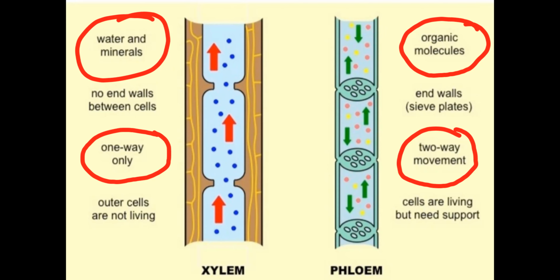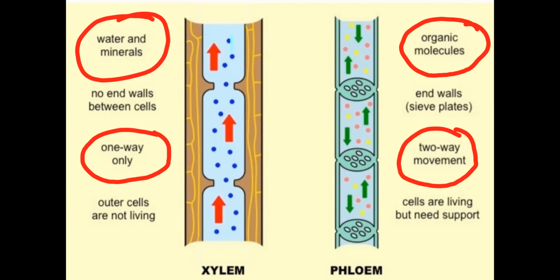Here if you see in a vessel, the vessel members, end plates, these regions completely degenerated. So a continuous column is created over here for upward conduction.